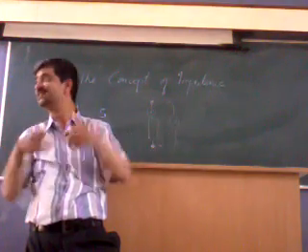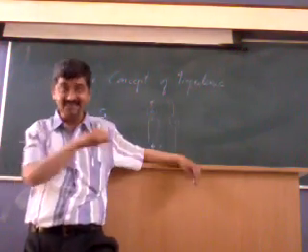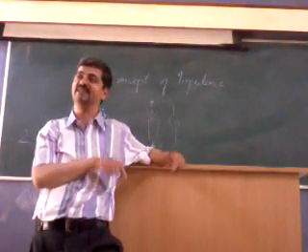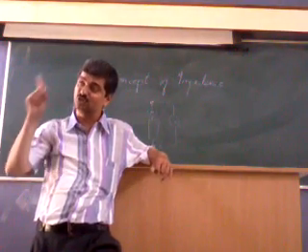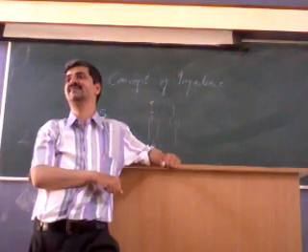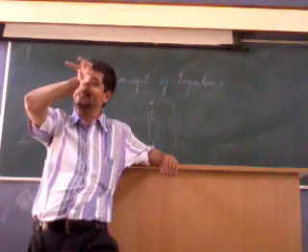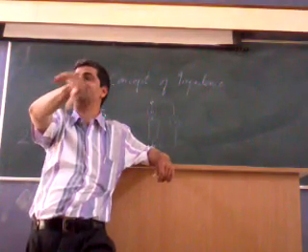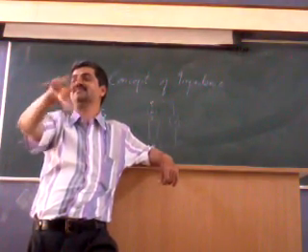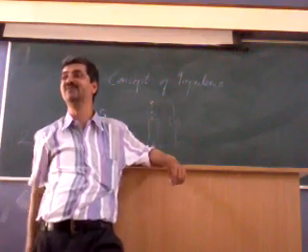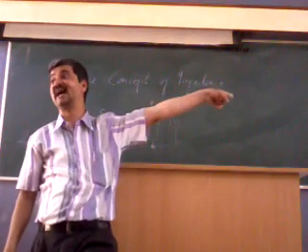But the problem is that I can't see it. Then that opportunity came in 1919 when a complete solar eclipse occurred. When a complete solar eclipse was there, the rays coming from the sun were obstructed. The sun was completely covered by the moon, and I could see the stars in the daytime.